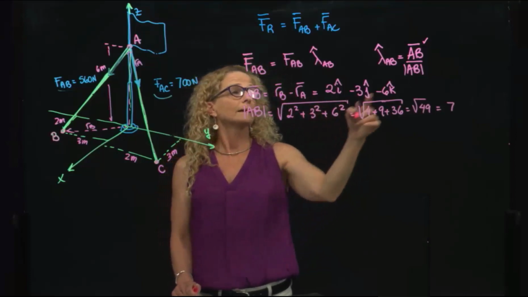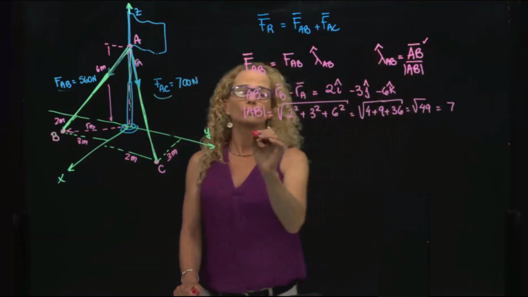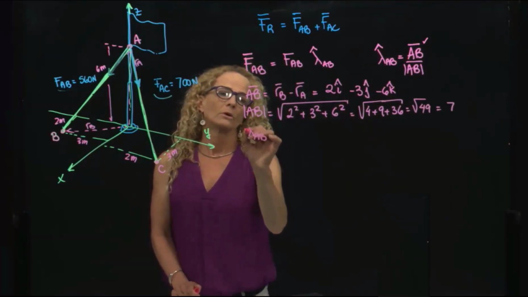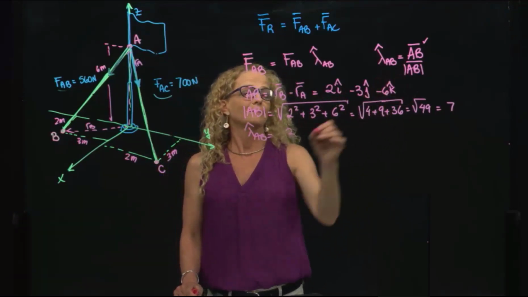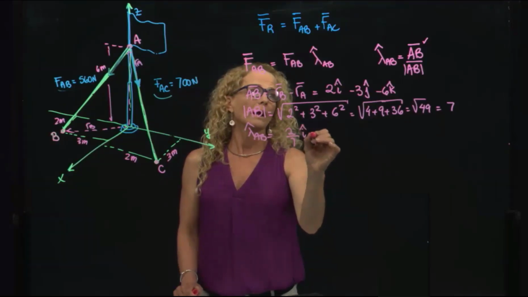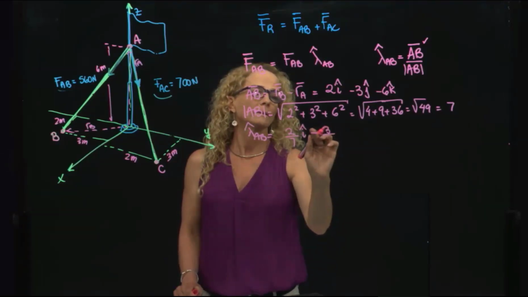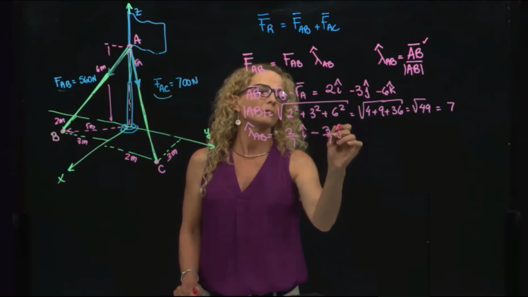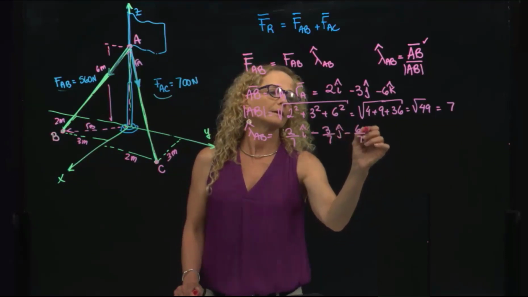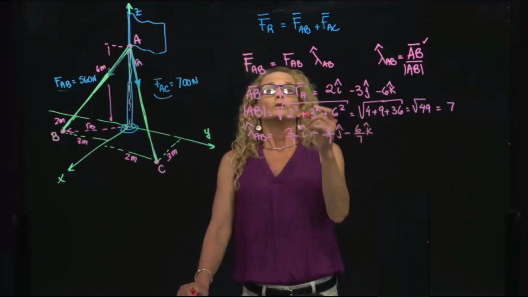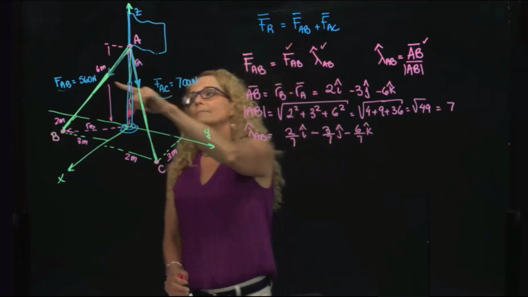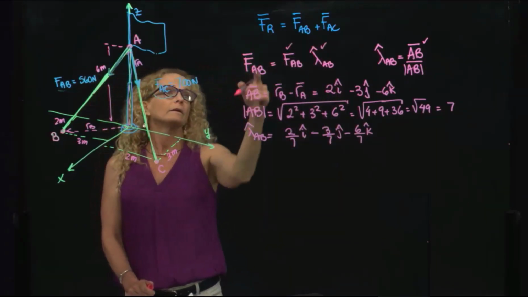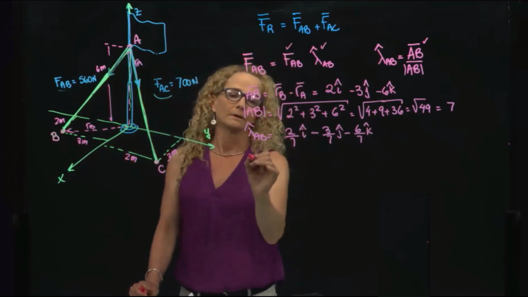So finally, this unit vector is equal to 2 divided by the magnitude in I, minus 3 divided by the magnitude in J, minus 6 divided by the magnitude in K. So now that I have this unit vector and I have the magnitude that is given, I finally can find this force right here.